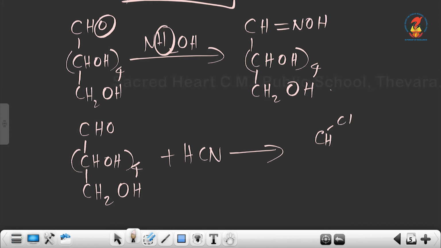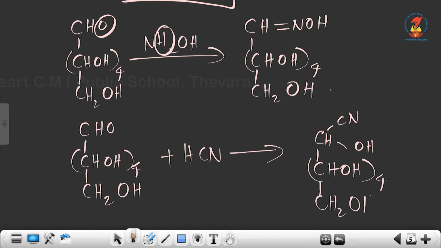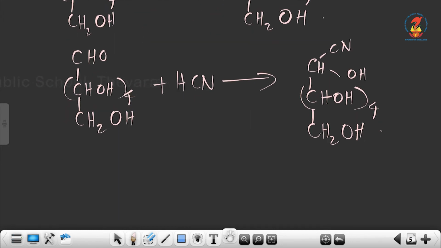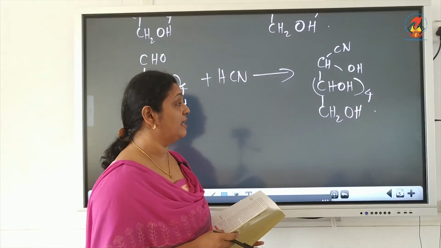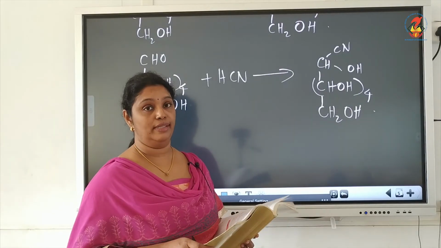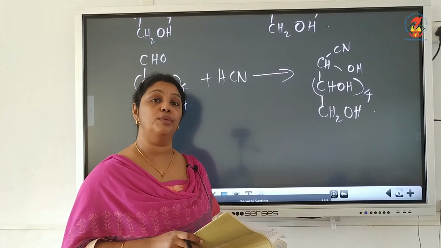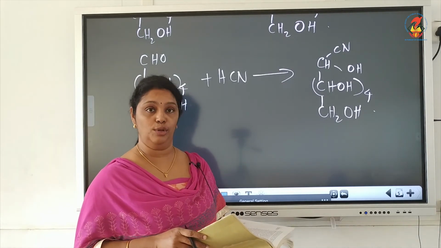CH(OH)CN. Then the rest all same, (CHOH)4, CH2OH. Here the C=O breaks and we get hydrogen cyanide added to it, and we get cyanohydrin as the product. So these are the two reactions that prove the presence of a carbonyl group in glucose.